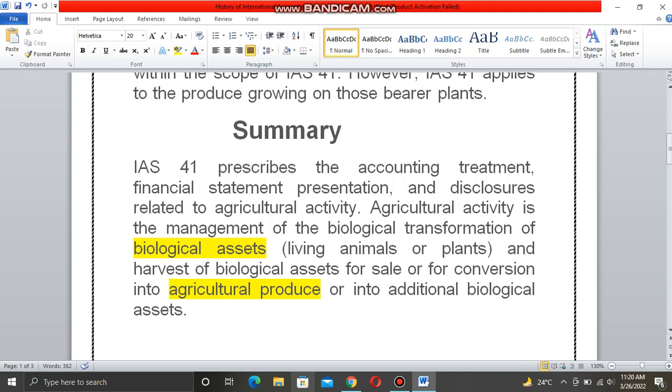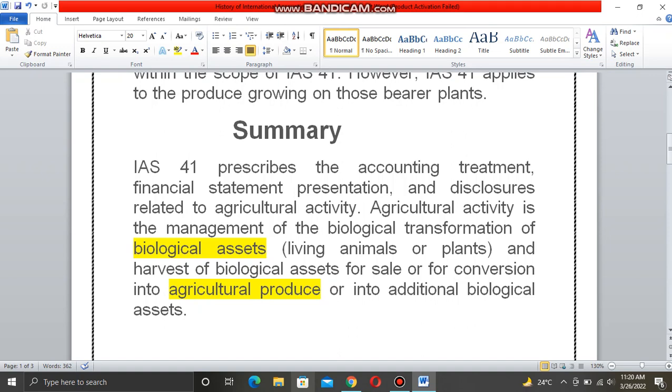We want to increase their generations and types, into additional biological assets. So for these three purposes, if we keep biological assets, IAS 41 will be applied.